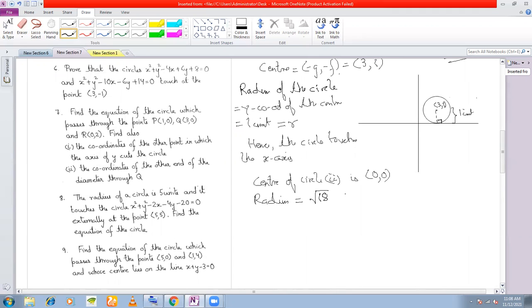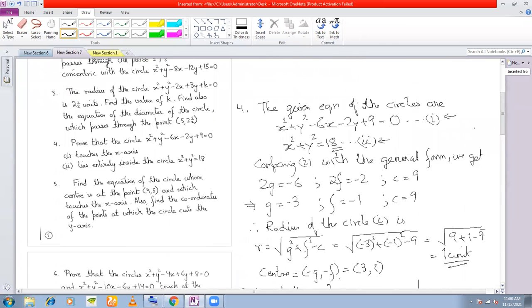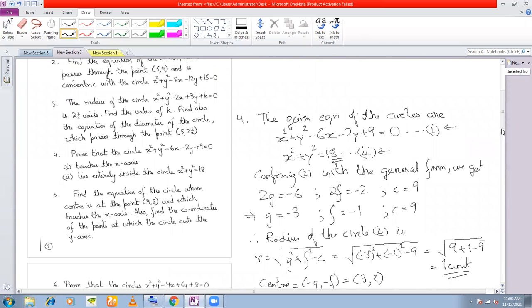Any question here? No, sir. Which is equal to 3 root 2 units. Okay. Now you need to show that this circle here, circle 1, is inside the circle 2. How do you show?